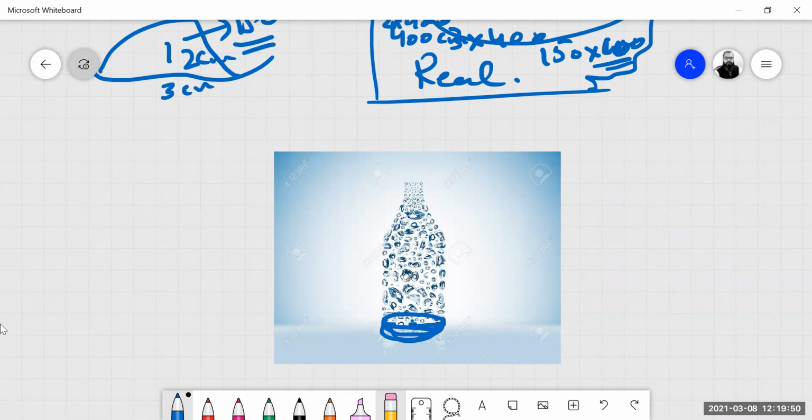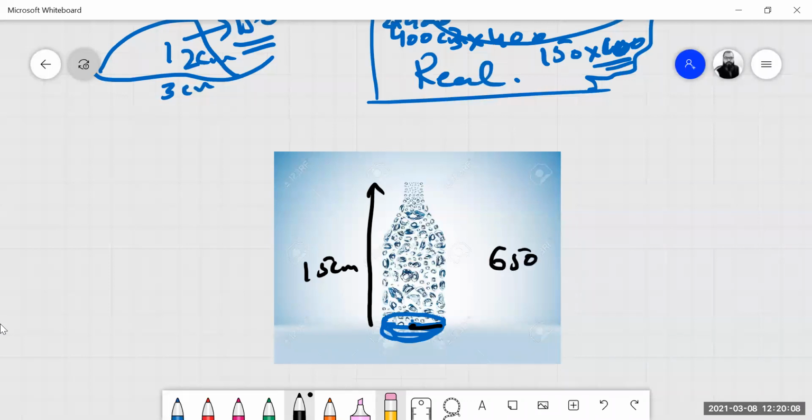The radius from the center to this line is 4 centimeters. The height of the bottle is 15 centimeters. And the capacity of 650 centimeters cube means that 650 centimeters cube of liquid or anything can be stored in this bottle. Understand it now?